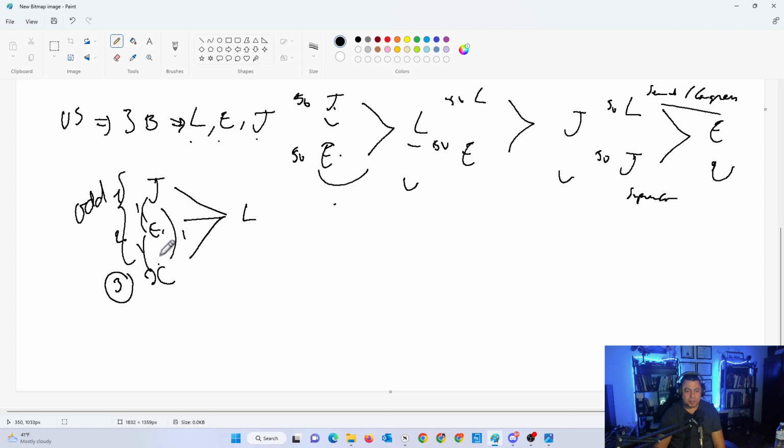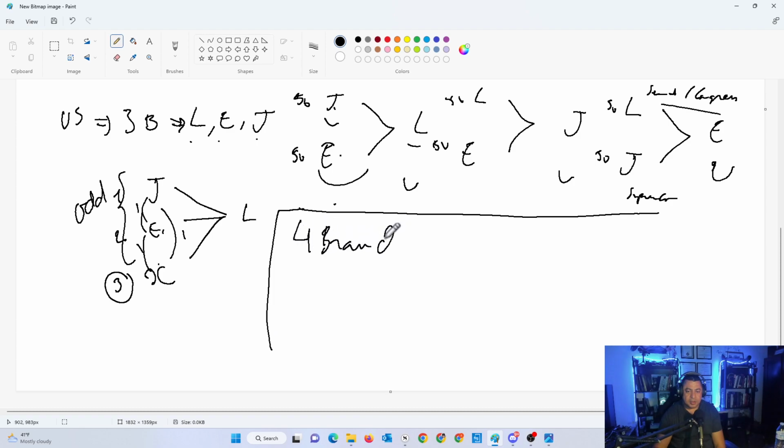So when we say this, it means that we need to have 4 branches. 4 branches of service. Now somebody will say, what the hell are you talking about? The question here is, what is the 4th entity? Believe it or not, it's actually extremely simple.